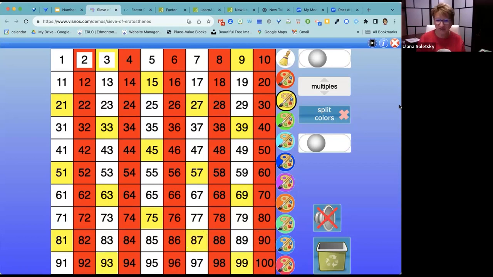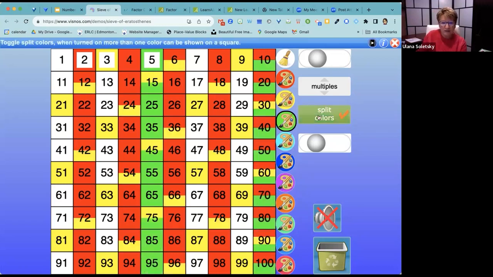So what they're doing is they are going to be coloring until they are just left with the prime numbers. And so the next prime number, well, it's not 4 because it's already colored in. And I'm going to say it's 5. And so now all of the multiples of 5 get colored in. Oh, I wanted the split colors.